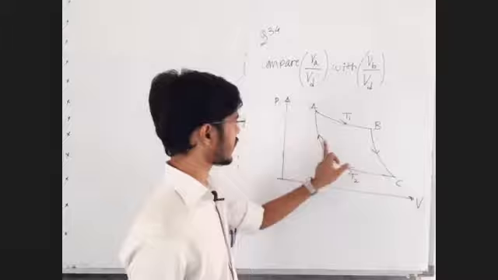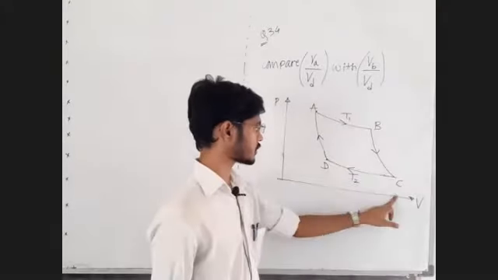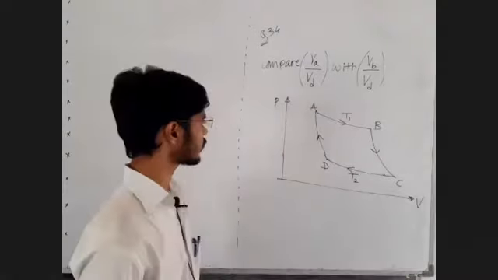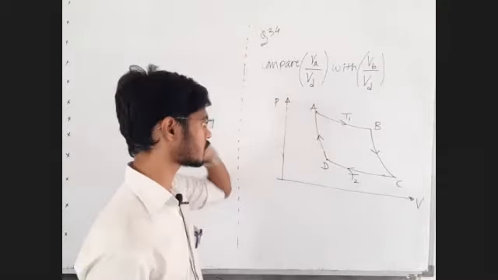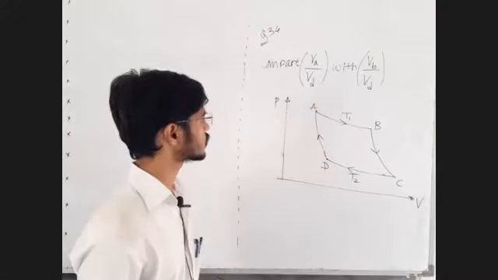So these two are the adiabatic curves. C to D is isothermal process and volume is decreasing, so it will be called isothermal compression. D to A is adiabatic process and volume is decreasing, so it will be called adiabatic compression.